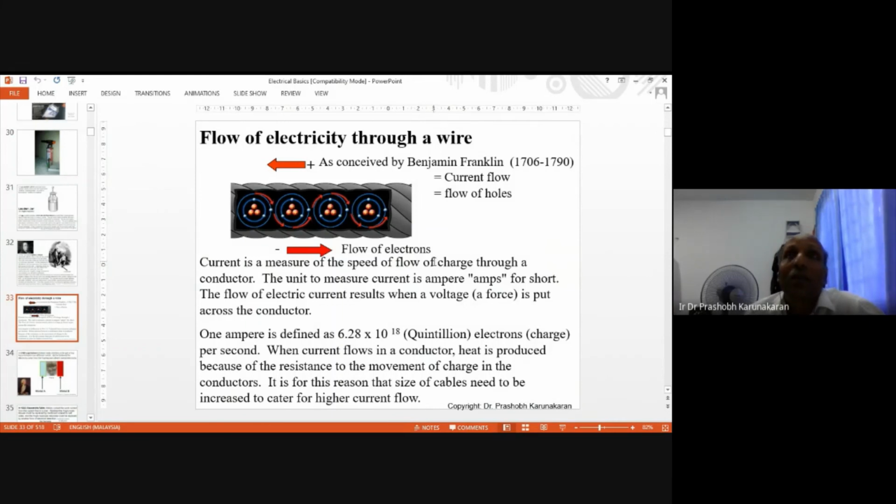So remember that we are using the opposite of reality. The reality is the electrons go this way, but Benjamin Franklin said the other way. Later they wanted to change the books, but it is very expensive to change all the books, so they just left it like that. So we call this current, and the electron, which is the real thing making things work, goes this way.